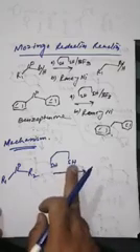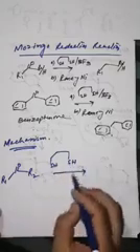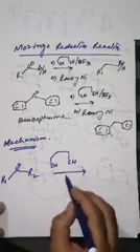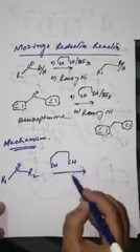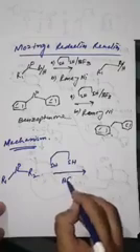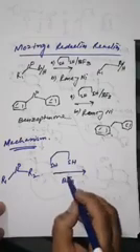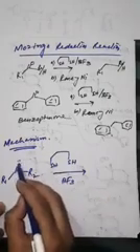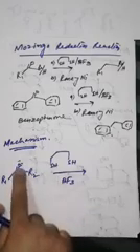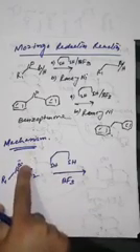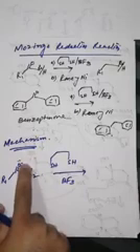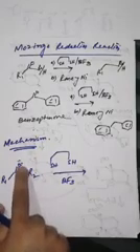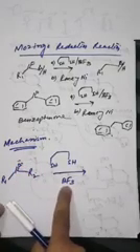So we have now propane dithiol in the presence of an acid such as boron trifluoride. What happens? This oxygen has two lone pairs of electrons. It acts as a base. It donates a pair of electrons to this BF3.